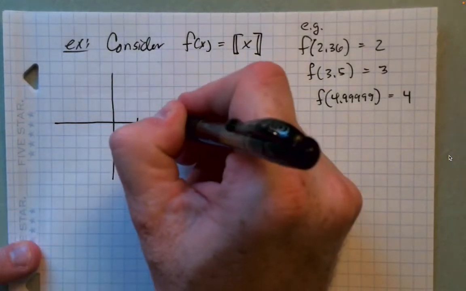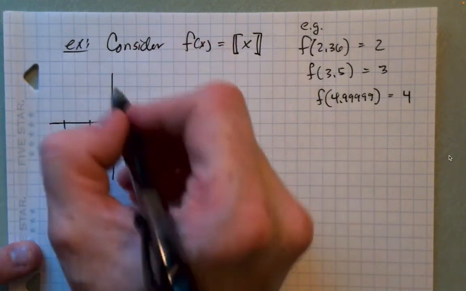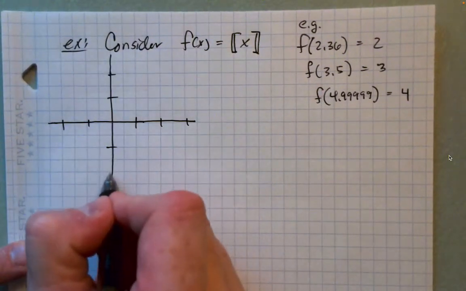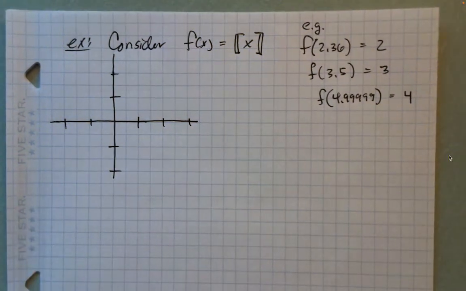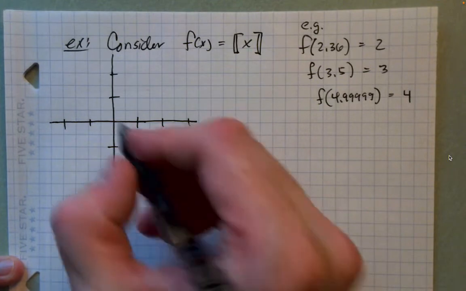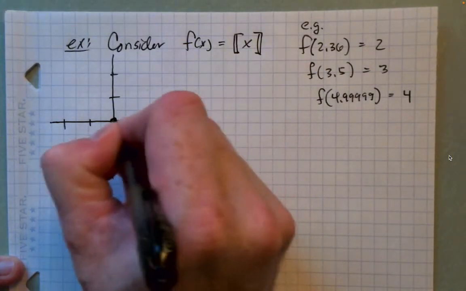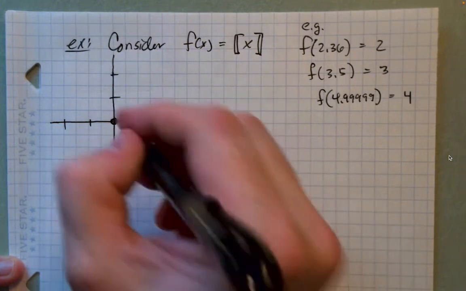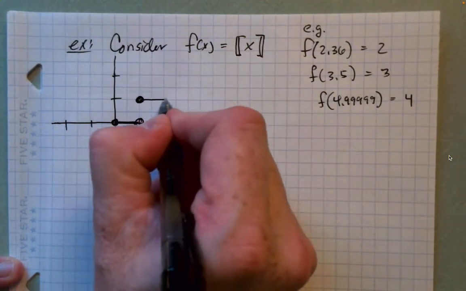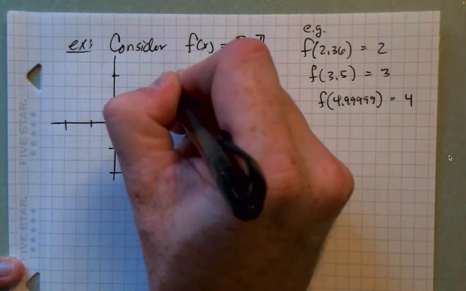Let's say this is 1, 2, 3, and 1, 2. We'll just draw a couple of tick marks in here so we can see what this looks like visually. At 0 it's defined, and then it comes along here, and you've got an open gap, and then it jumps up and goes over, and you've got a gap, and then it jumps up again and goes over.